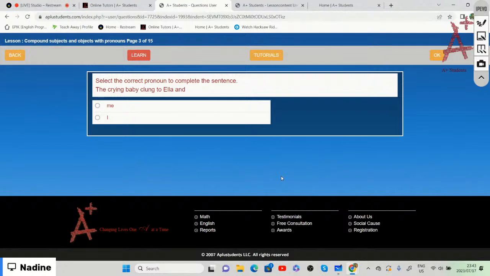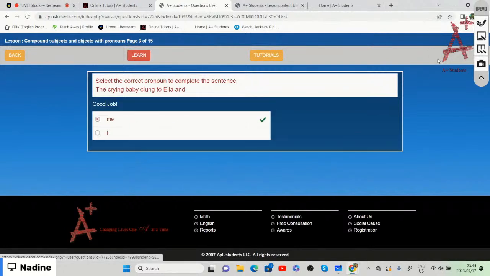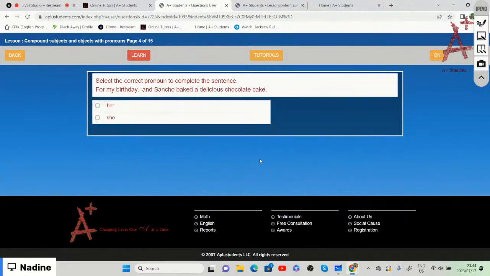All right, so if we are going to choose the correct pronoun to complete the sentence, then we can say Ella and me, which means that that is an object pronoun. It came after the action verb, which is clung.